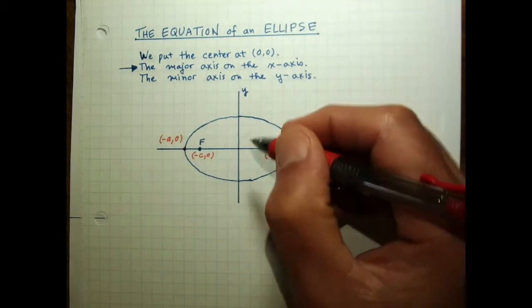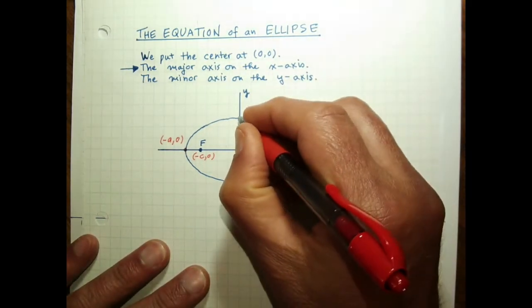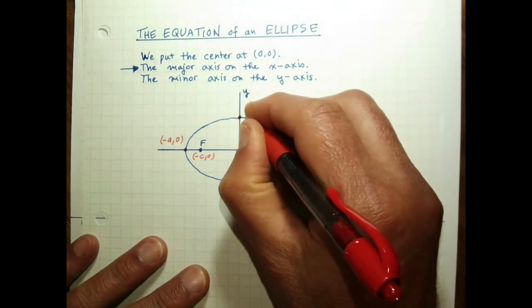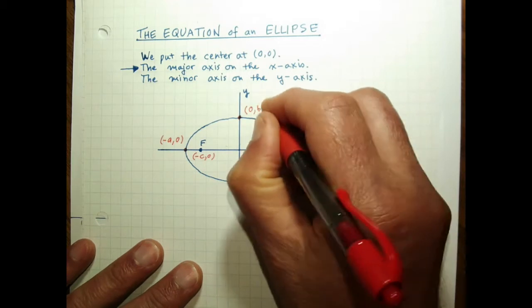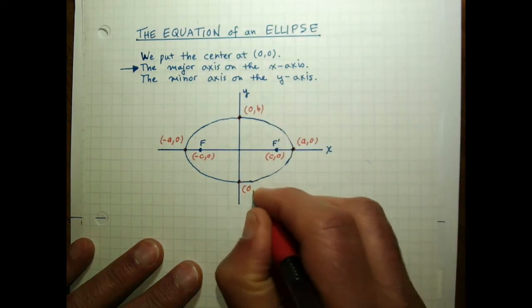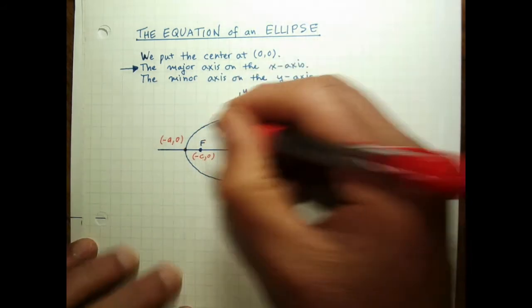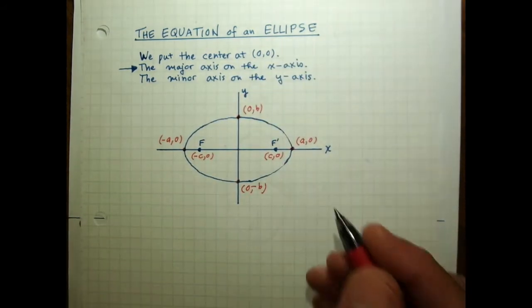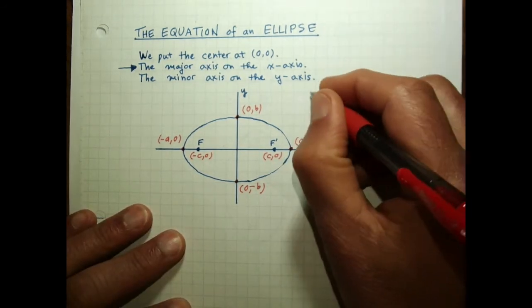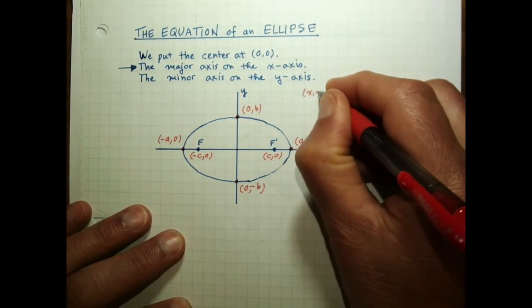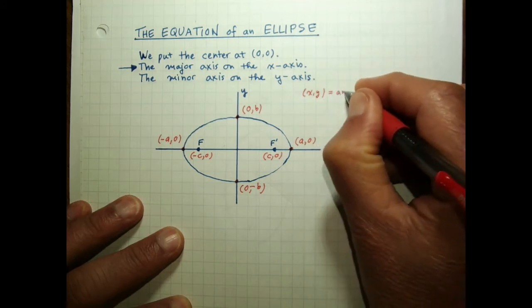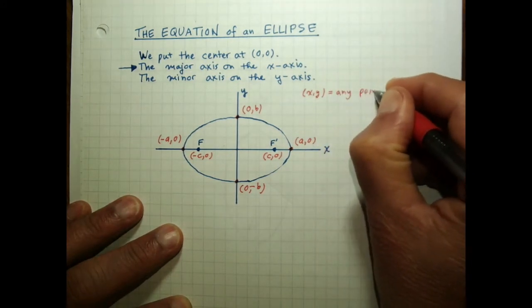And B is half the length of the minor axis, so these y-intercepts we know will be (0, b) and (0, -b). And what else do I want to label here? I just want to think, so what we're going to do is think of (x, y) as any point on the ellipse.